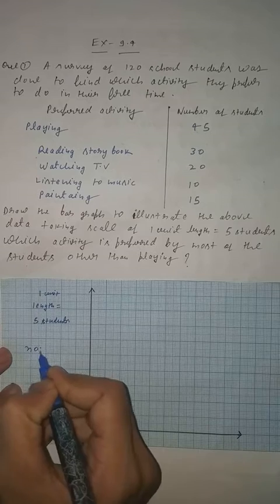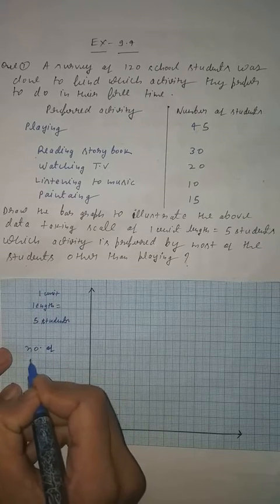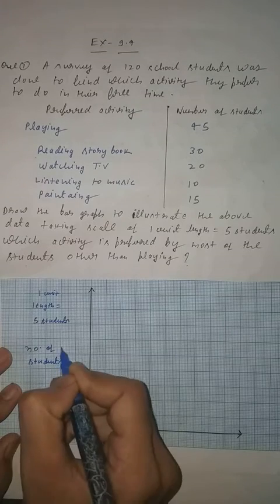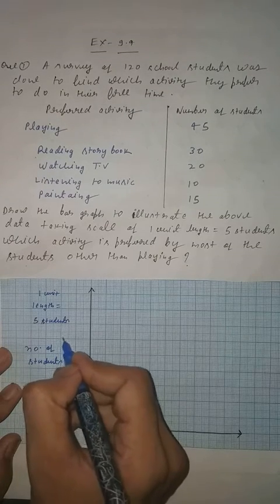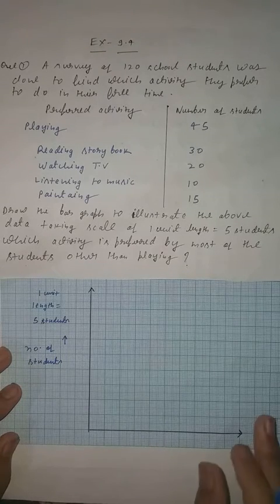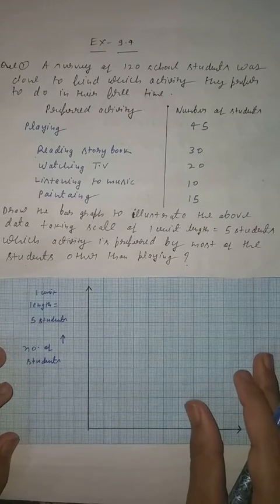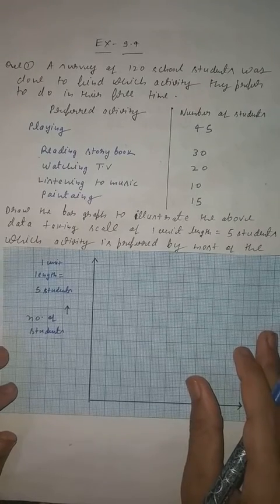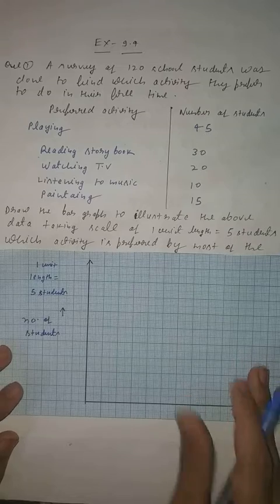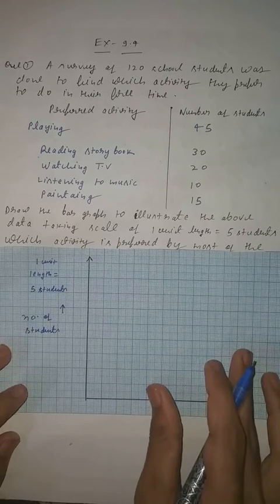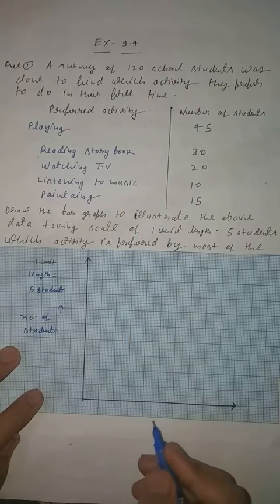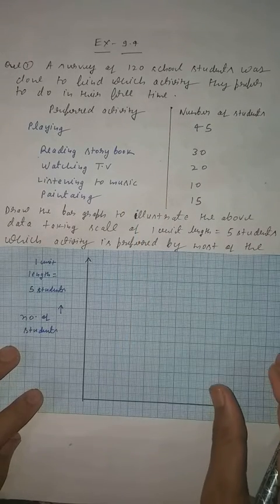Here you will write number of students. Clear, students? And the arrow goes in the vertical direction. Now next is given what? Number of students done. Here on the downside what will you write down? What is given: preferred activity. So under preferred activity you will write what is given.